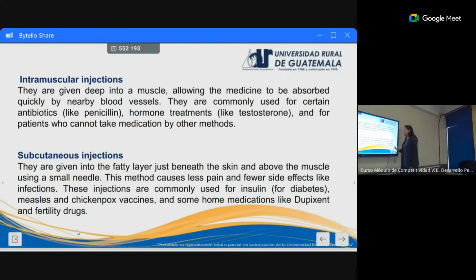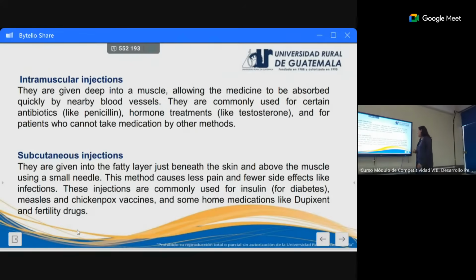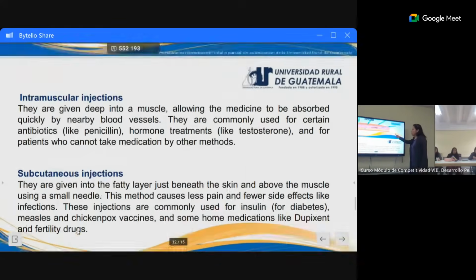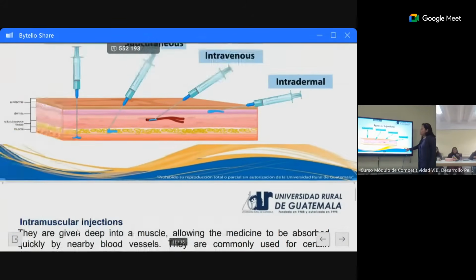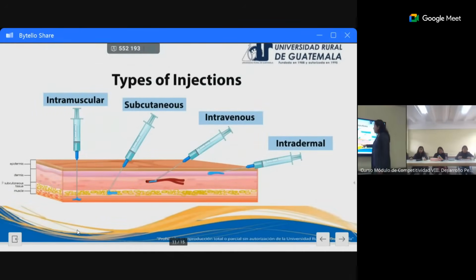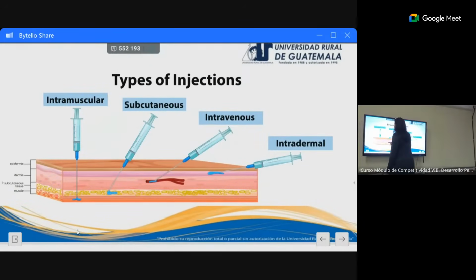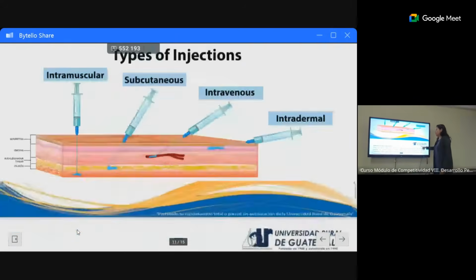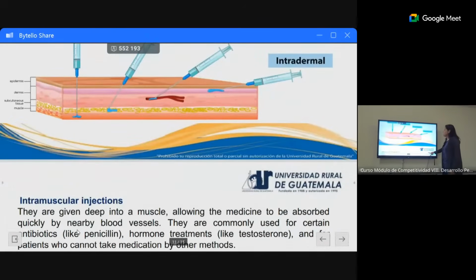These injections are commonly used for insulin for diabetes, measles and chickenpox vaccines, and some home medications like Dupixent and fertility drugs. So these are the types of subcutaneous injections, administered into the subcutaneous tissues, for these types of illnesses.